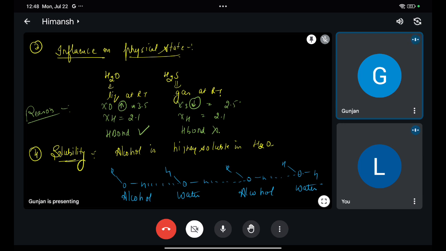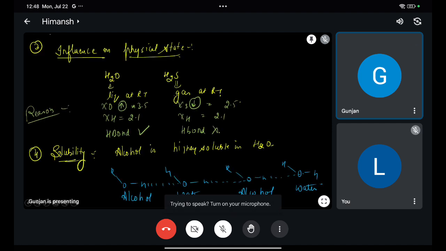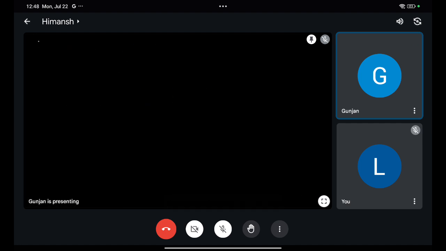Next is volatility. Fifth factor is volatility. So we can say compound volatility is inversely proportional to hydrogen bonding.